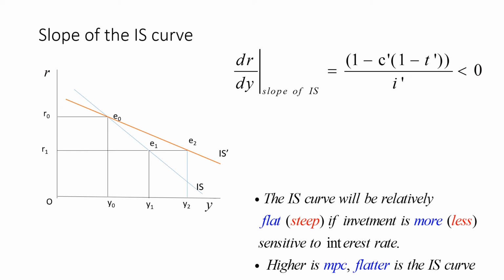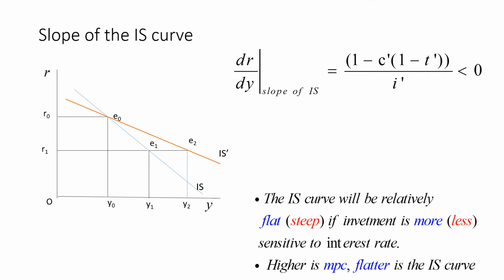In this slide, we are going to discuss the curvature of the IS curve. The curvature means when it is a flatter one and when it is a steeper one, and you will understand why we are interested in the exact curvature when we discuss the effectiveness of different government policies.